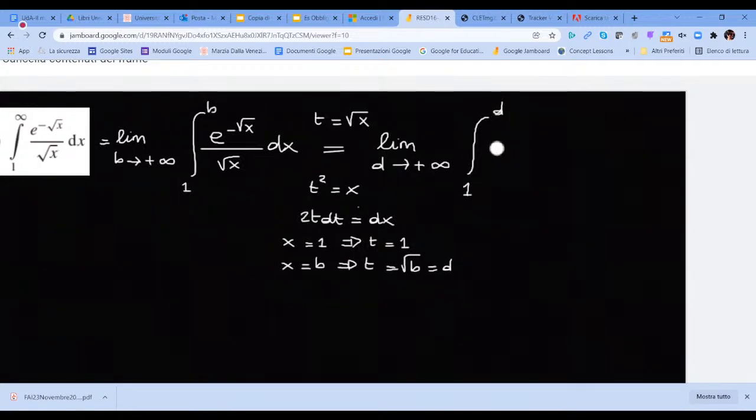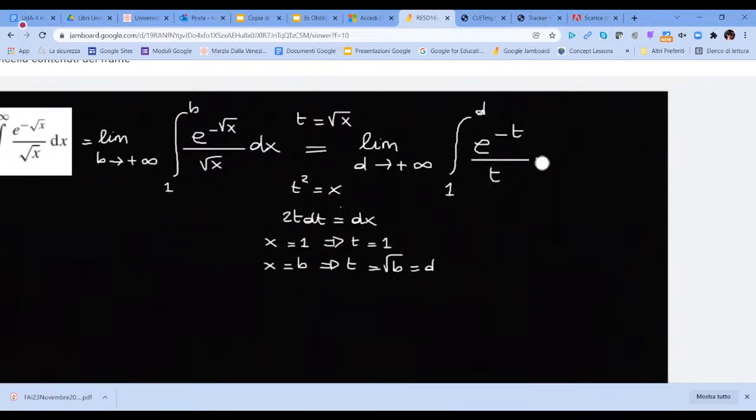Also, we have e to the minus t divided by t and multiplied by 2t in dt.